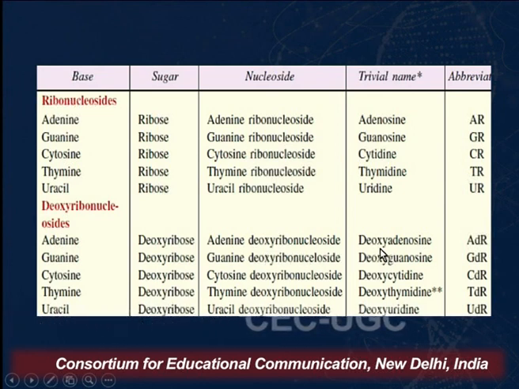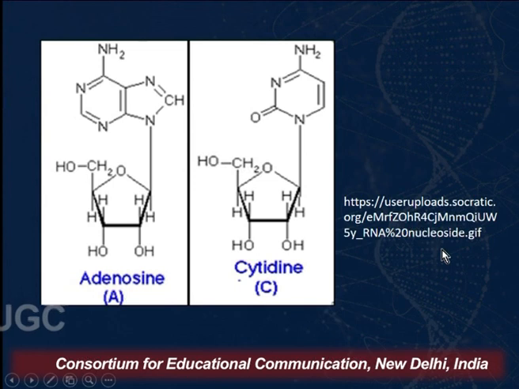The common name will be deoxyadenosine, and the abbreviation will be ADR. Here ADR is indicating that the base is adenine and the sugar is deoxy. This D is indicating that the sugar is deoxyribose sugar.